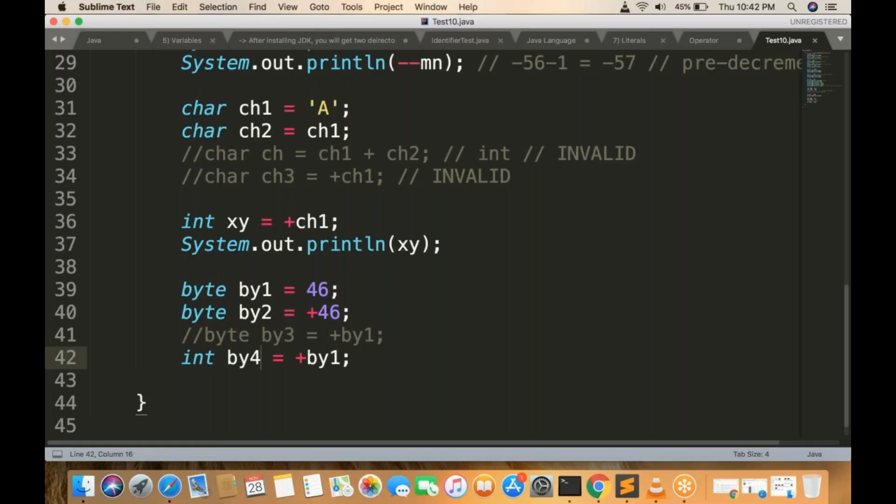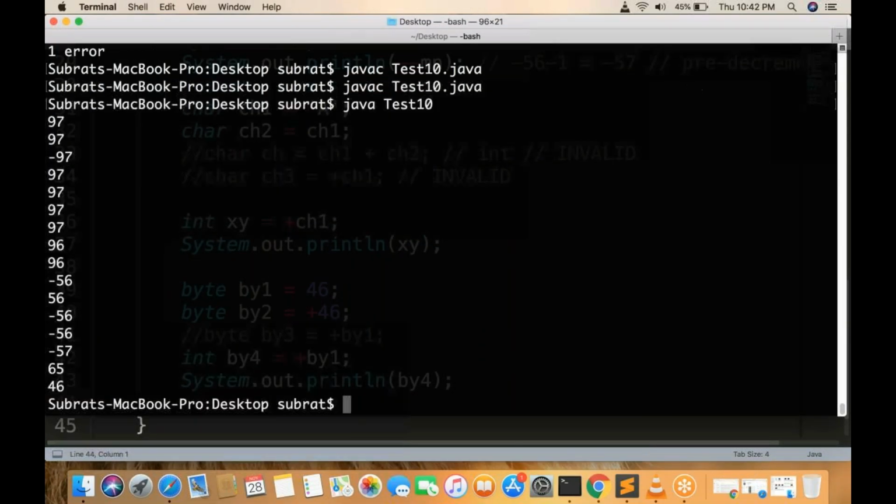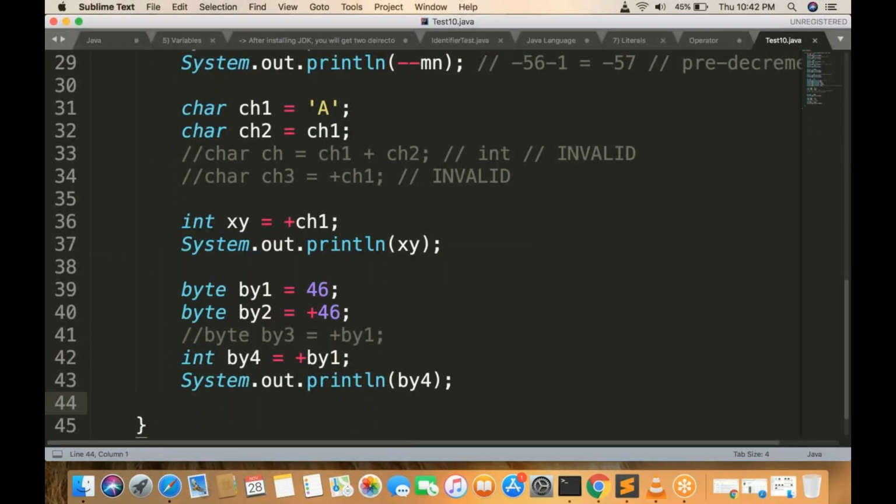We can print it here, b4. Let me check it here, compile and run. 46, right? The byte value b1 is 46, that's why we are printing 46 here.